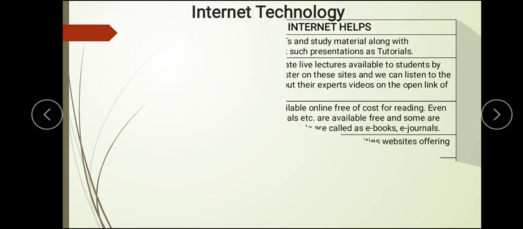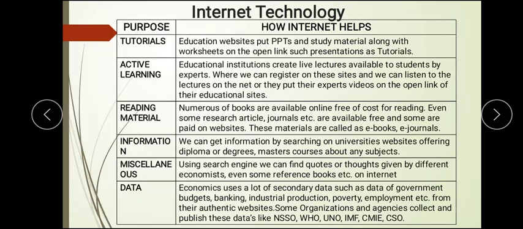Then after, moving to the next topic, internet technology. Now here, internet technology, I have summarized into a table. You find what the purposes are and how the internet helps us. Now there are different purposes for which you can use the internet.